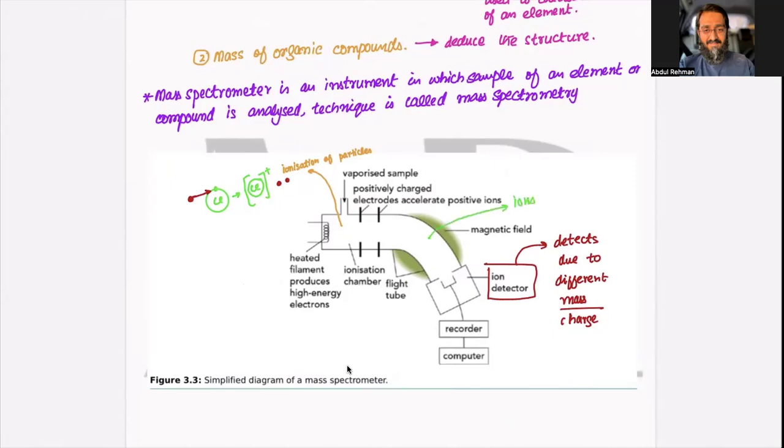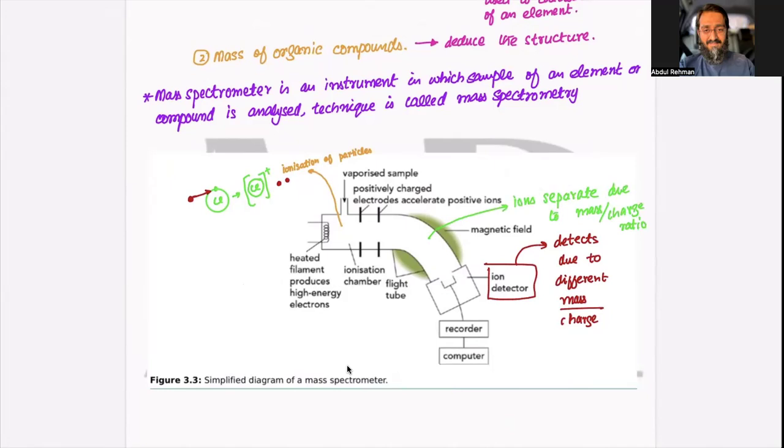Ions separate in this region, and again due to mass to charge ratio.